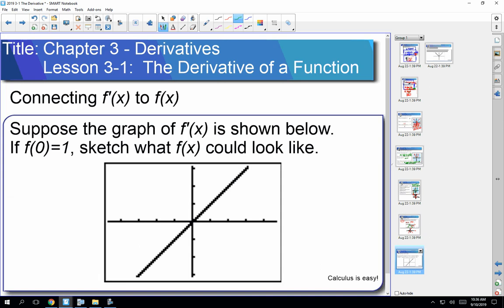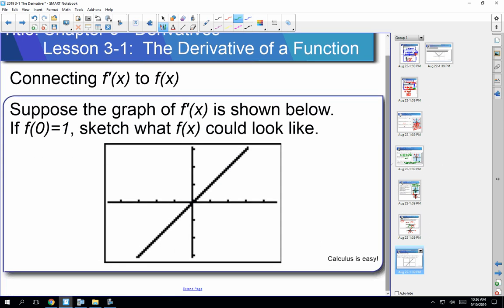All right, here we go. So suppose the graph of f prime. I'm giving you f prime again. This is just the graph of f of x equals x. You already know where we're going. This is a clip from the graphing calculator.